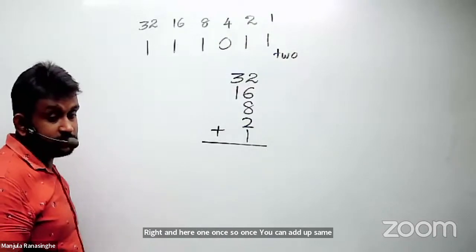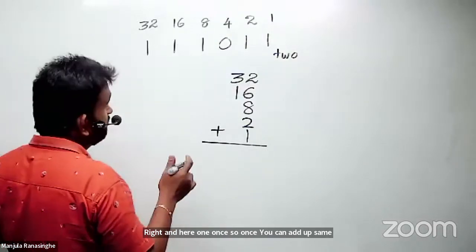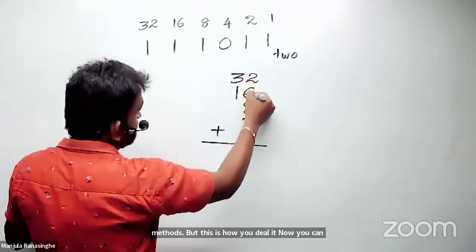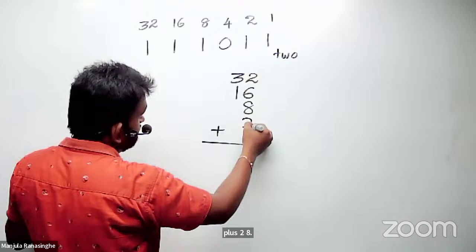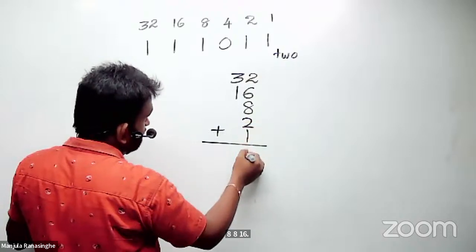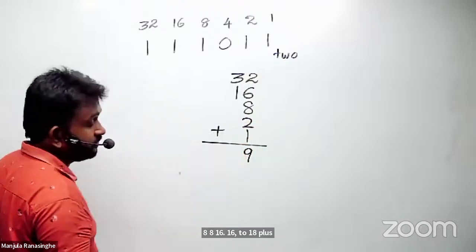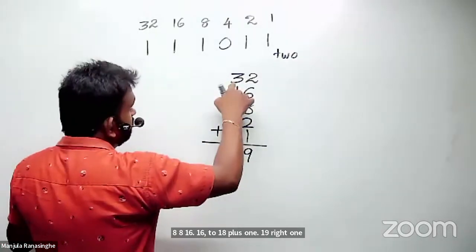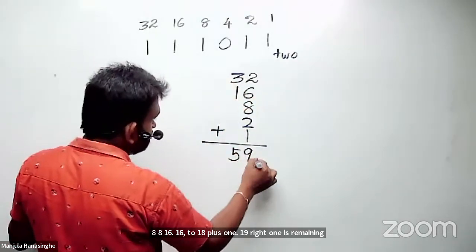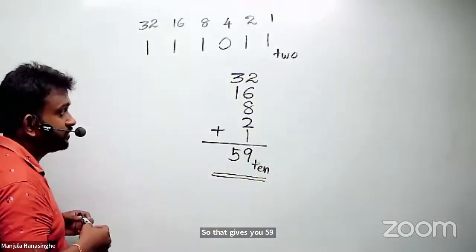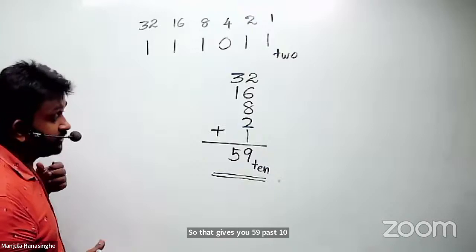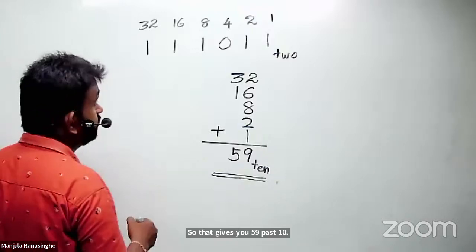But this is how you deal with it. Now you can add 6 plus 2, 8. 8, 8, 16. 16 to 18 plus 1, 19. Right. 1 is remaining. 4, 5. So that gives you 59 base 10. Right. This is how you deal.